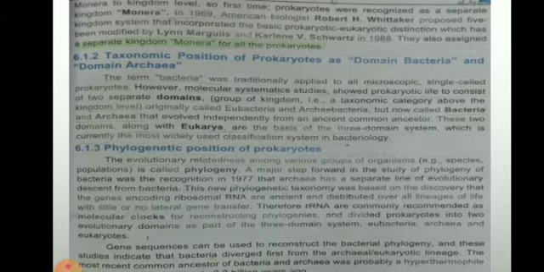Robert Whittaker, when he proposed the five kingdom system, incorporated the basic prokaryotic-eukaryotic distinction. He proposed the kingdom Monera for prokaryotes as a separate kingdom, and it was defined and modified by Lynn Margulis and Schwartz in 1988.